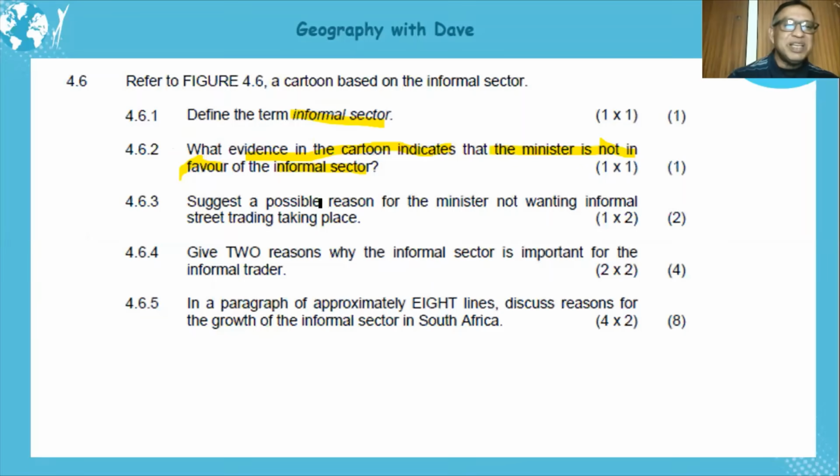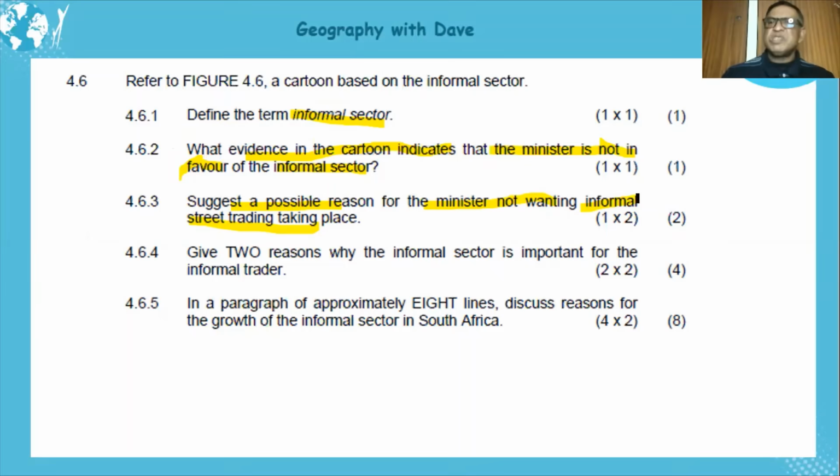Let's look at the next one. Suggest a possible reason for the minister not wanting the informal street trading. And we know that already when we looked at the cartoon, we discussed it. It disrupts the formal business because they take away money. When they are on the side of the roads, it doesn't look very attractive.